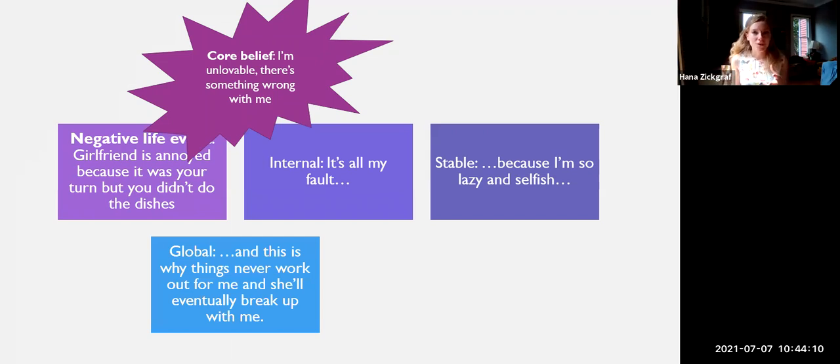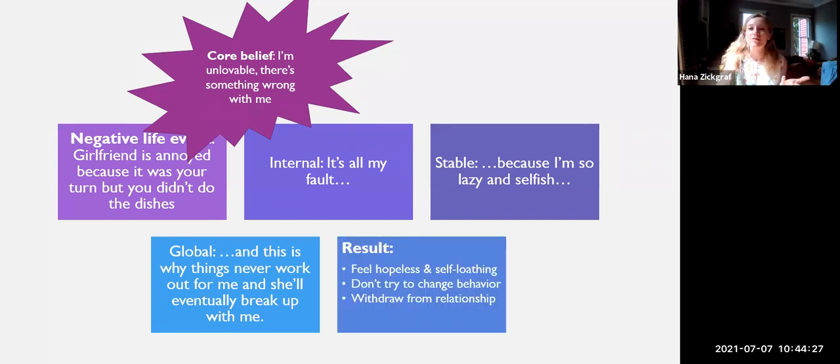It's not just that your girlfriend is annoyed with you, but her annoyance, that interpersonal stress, triggers and activates your deep-seated underlying belief that you're not lovable, that there's something wrong with you, that people will reject you and leave you. And it's that core belief activation that actually causes you to make these internal, stable, and global attributions that in turn result in maladaptive emotions and behavior.